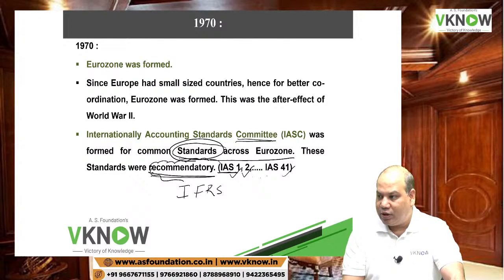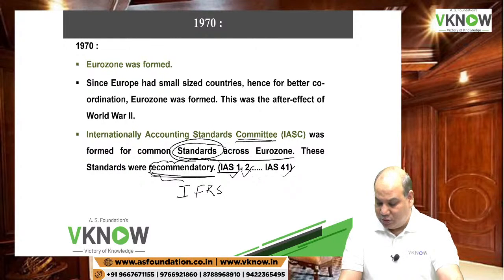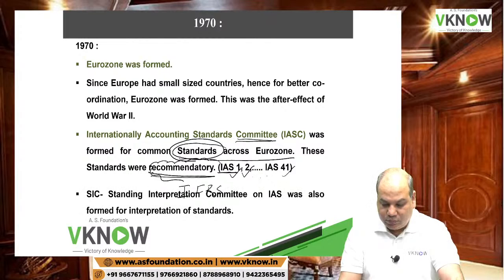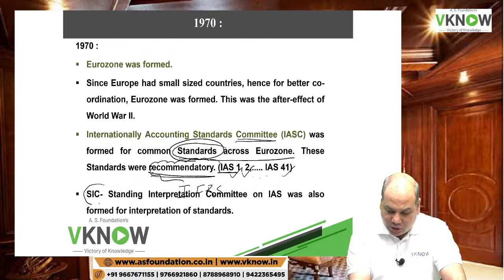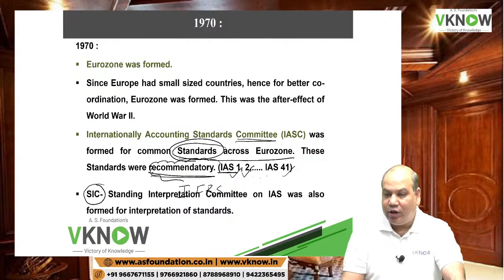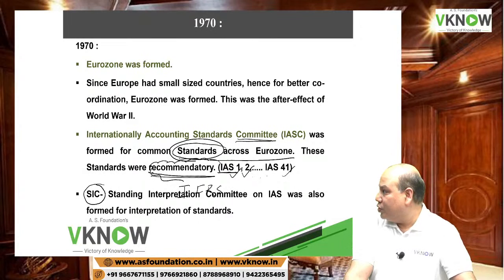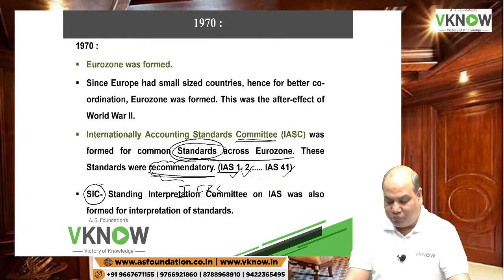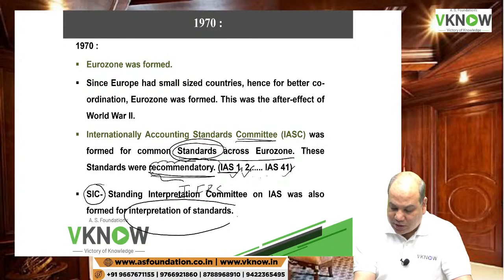What happened after that? After that, the International Accounting Standard Committee was replaced by another body. Then one more committee was formed, which was called SIC, the Standing Interpretation Committee, on IAS. What was the purpose of SIC?